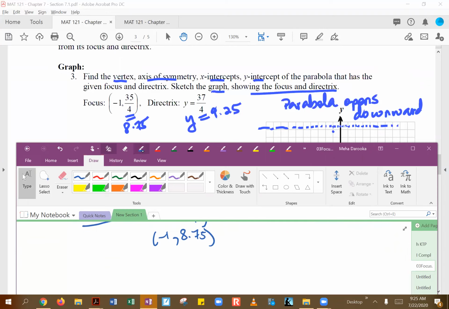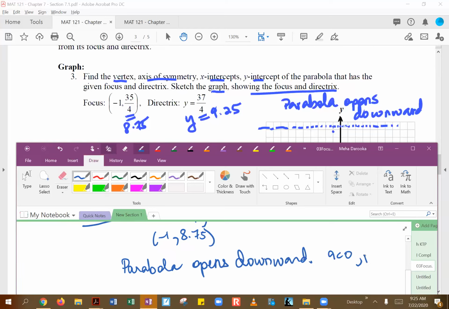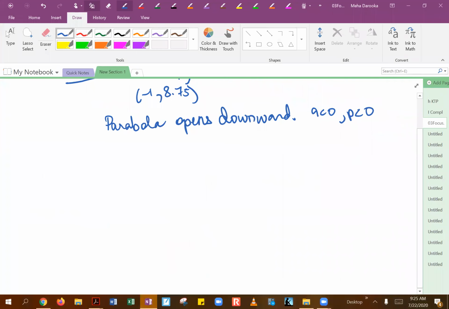We also know our parabola opens down. So A is negative and P is negative. Alrighty.